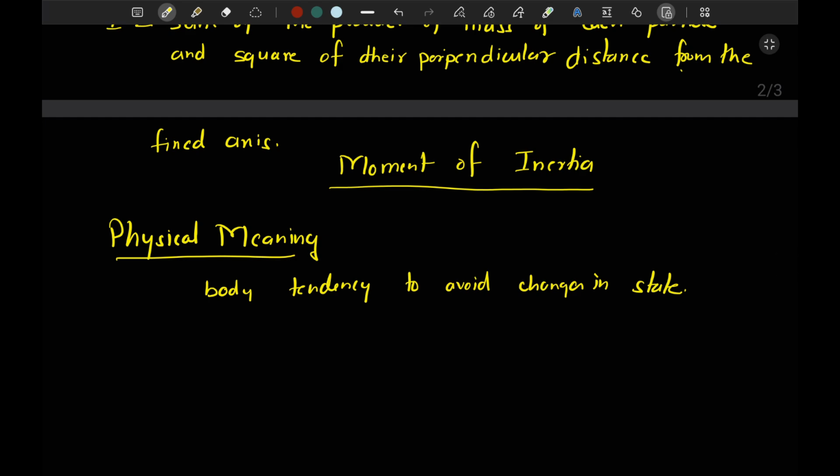That property is called inertia. This is in linear motion.